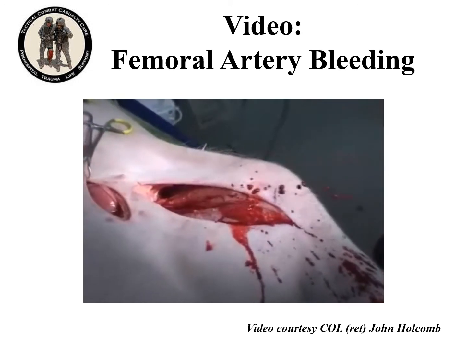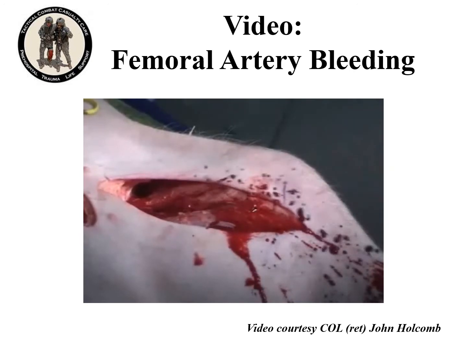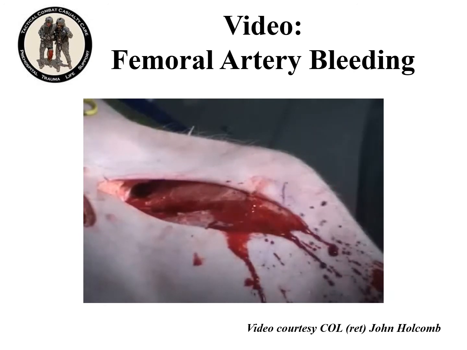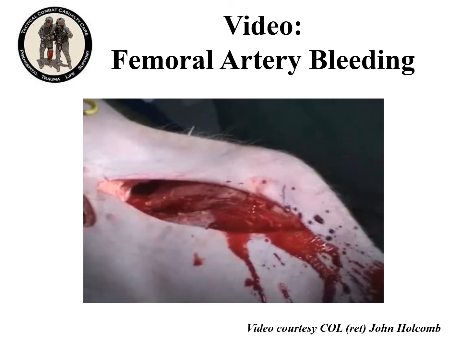This is femoral artery bleeding in a pig. It does not take long to die from this.